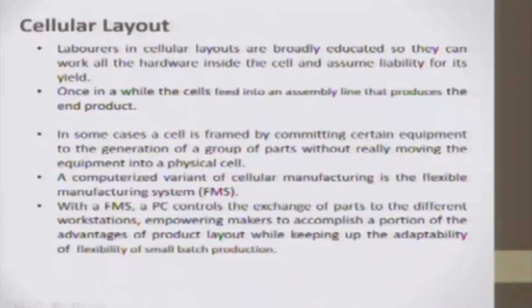So in cellular layout, the laborers are broadly educated. Broadly educated means they are multi-skilled. Here broadly doesn't mean less educated, but multi-skilled across sections, or I would say they are cross-trained.